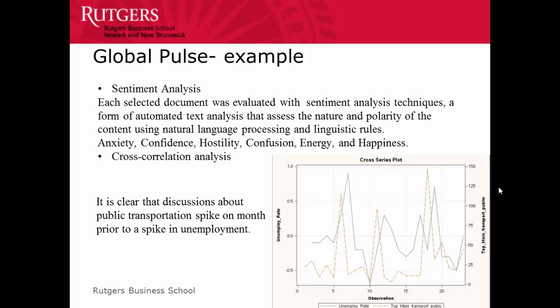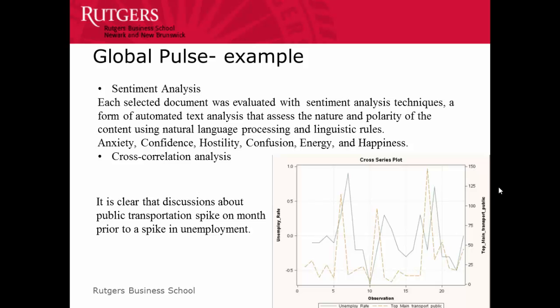After assigning each document a score, they do cross-correlation analysis. This is to correlate all the indicators, like the sentiment and the volume of the discussion, with the real unemployment rate information to see which one has predictive power.